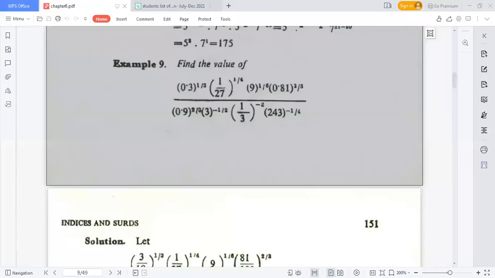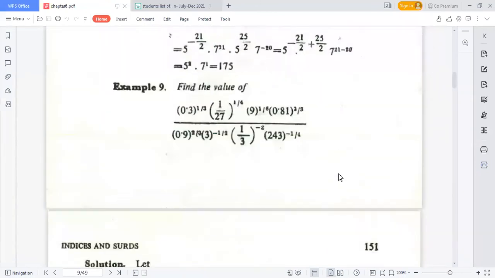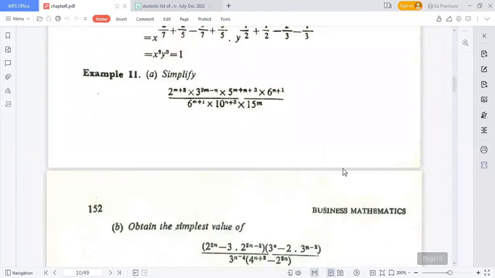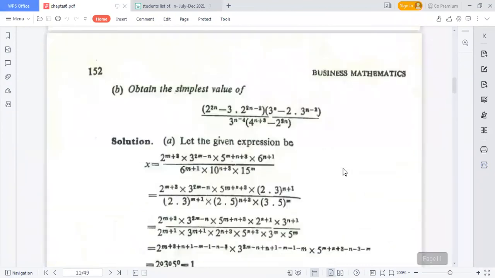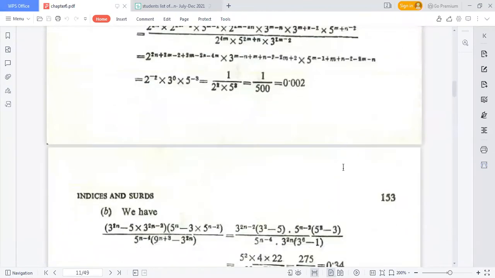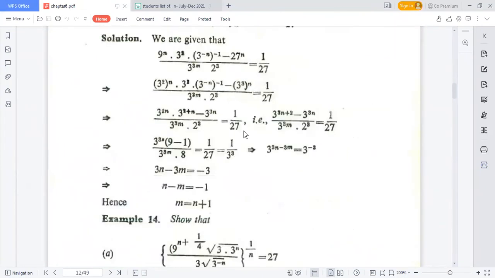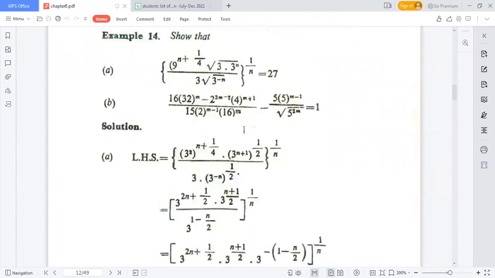Attendance, will you not take it? Attendance. Okay, now take some homework for you. In the previous lecture, I gave you 11, 12. Okay, and 13 will be very important for you. 13 example, 14 example.